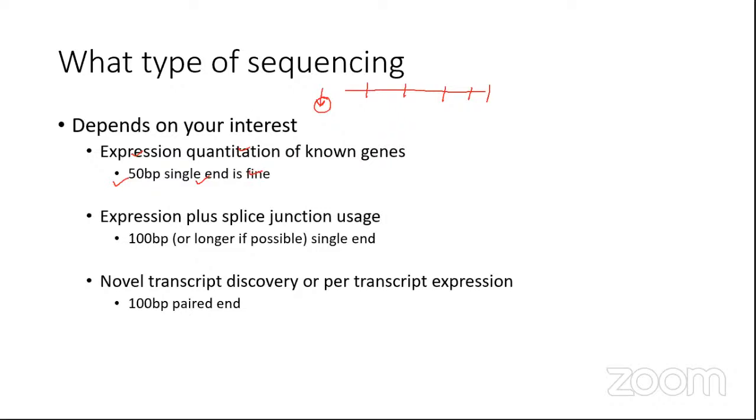But if we would like to see splicing, alternative splicing, then 100 base pair single end is also fine. But go for longer reads if you want to see splicing. Because sometimes what will happen, we are doing 100 base pair, but even if our splicing is happening somewhere here, we might miss it.